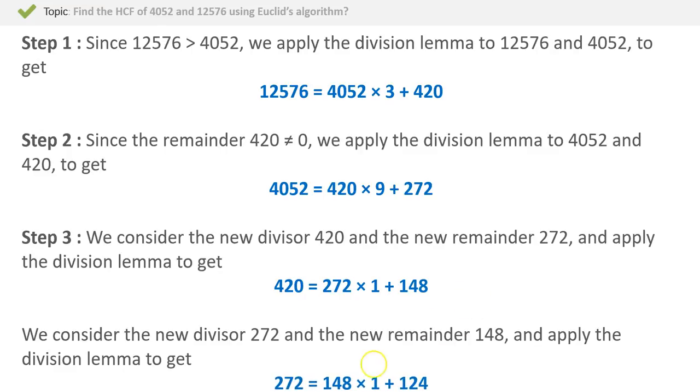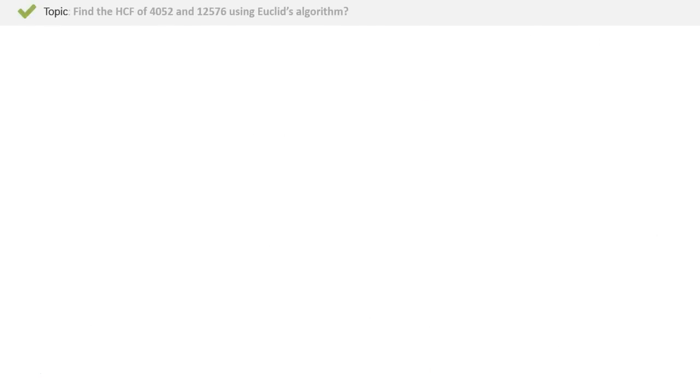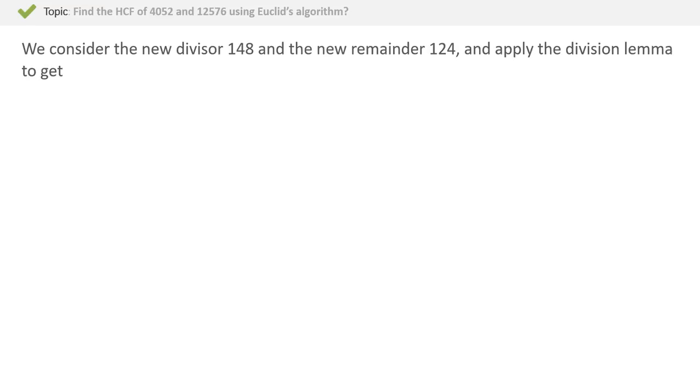Now we can represent 272 as 148 multiplied by 1 plus 124, and even in this case my remainder is not 0, so I have to move further. Now 148 can be represented as 124 multiplied by 1 plus 24.